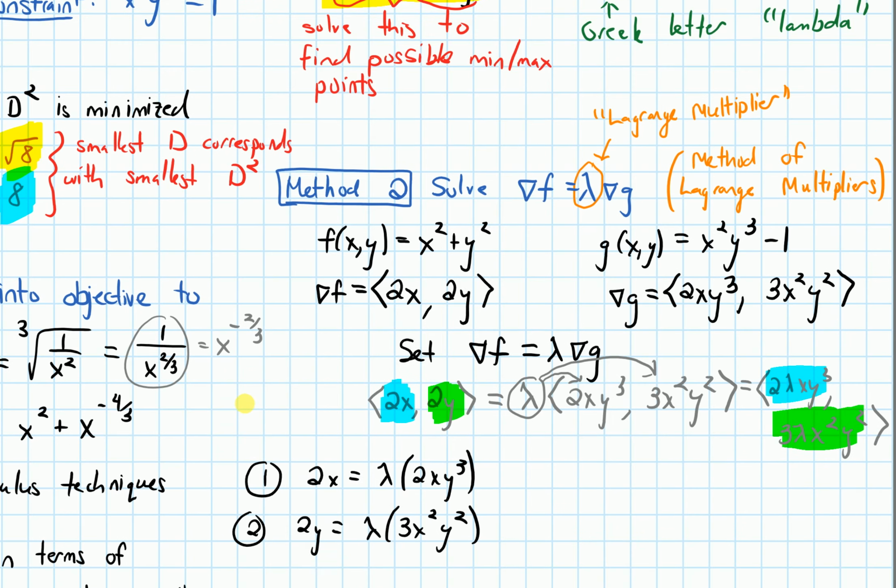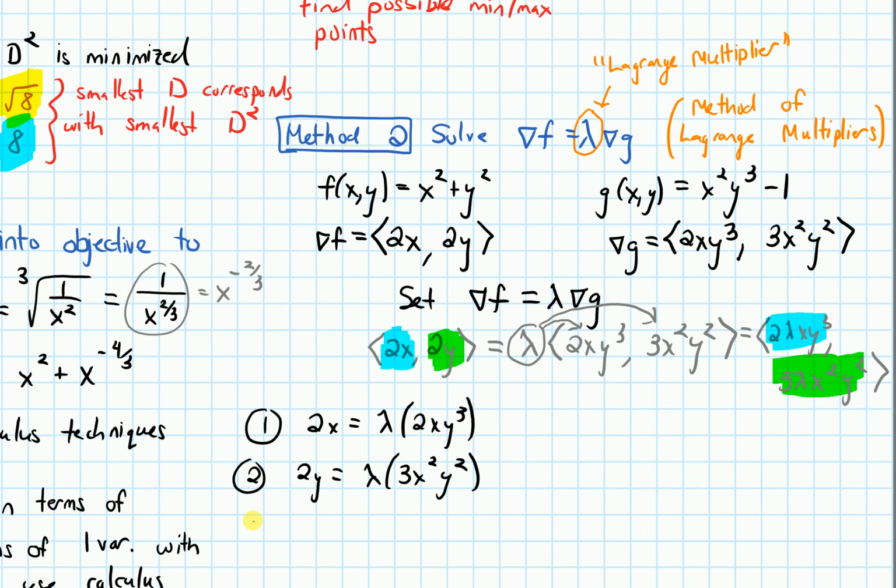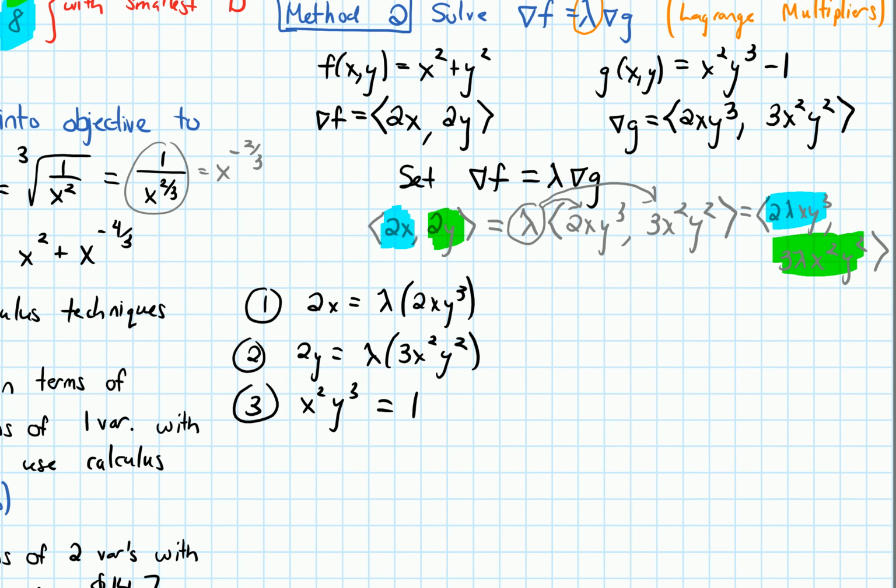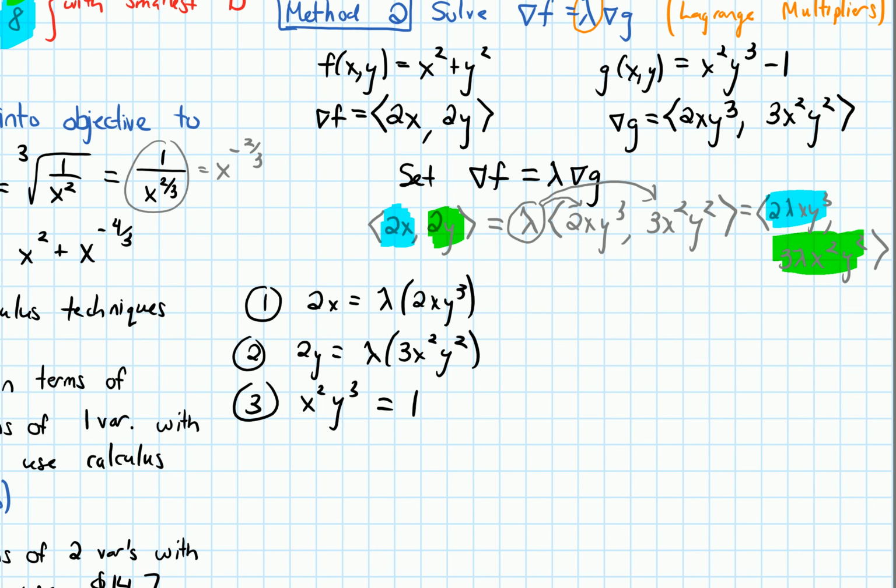We also have one other equation to work with. The other equation comes from our constraint, which was x squared y cubed is equal to 1. So we have a system of 3 equations and 3 unknowns, x, y, and lambda. We want to solve this system.